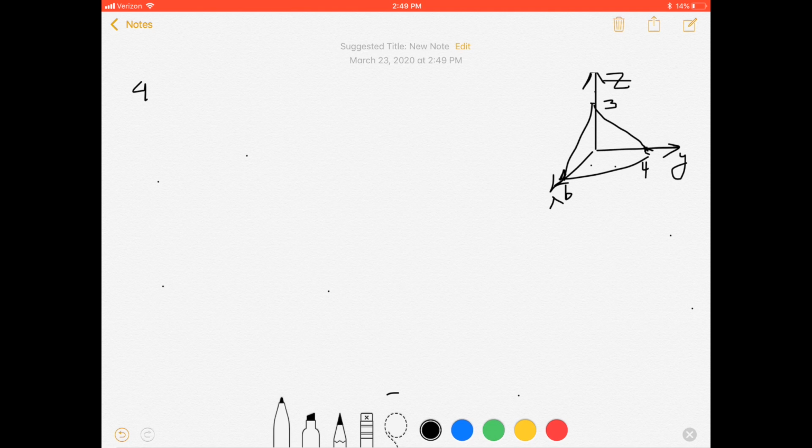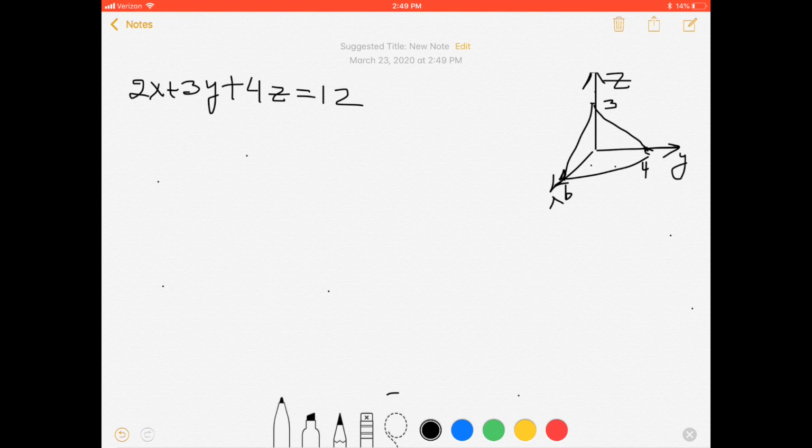Oh, sorry. It will be 2x plus 3y plus 4z equals 12. And we need to find the volume of this pyramid.